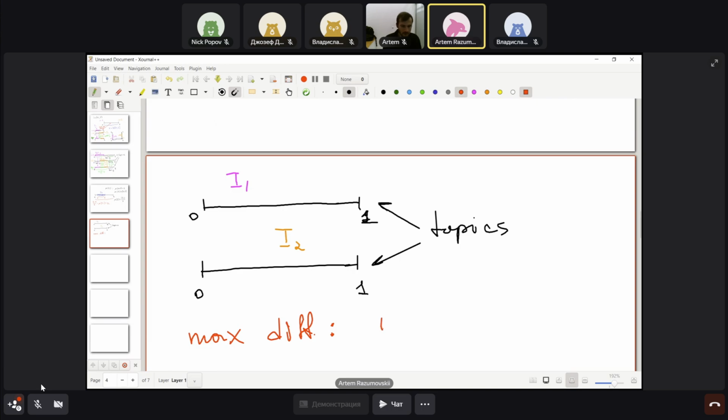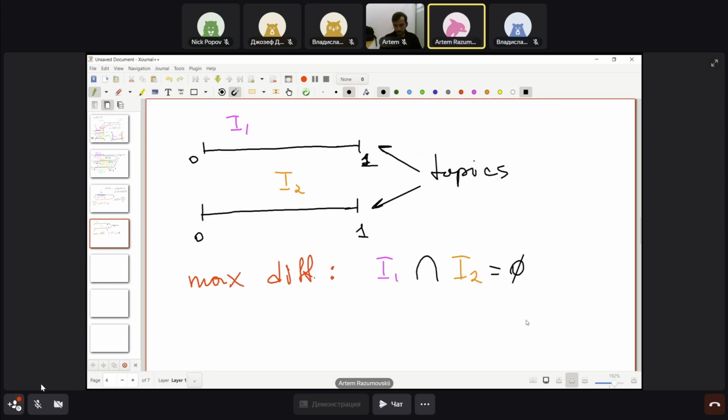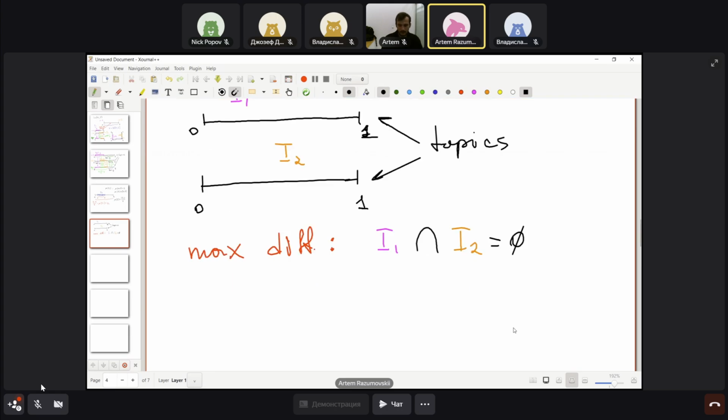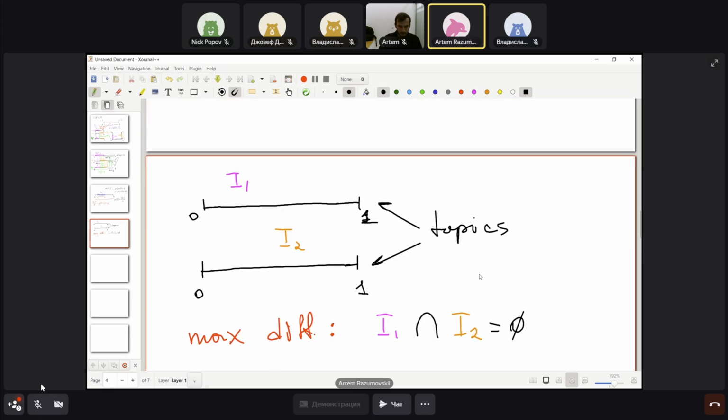Then you need that I1 intersect with I2 is the zero set. For example, I can take the high quality topics here for the first one, and for the second I take here.